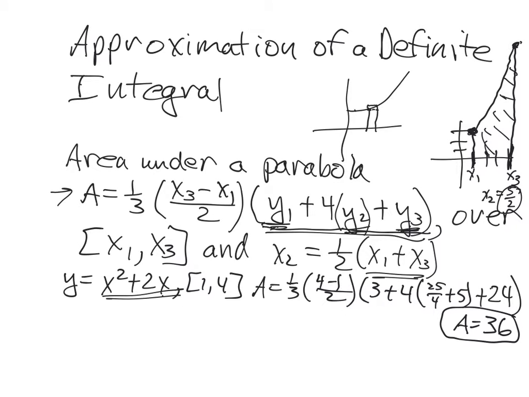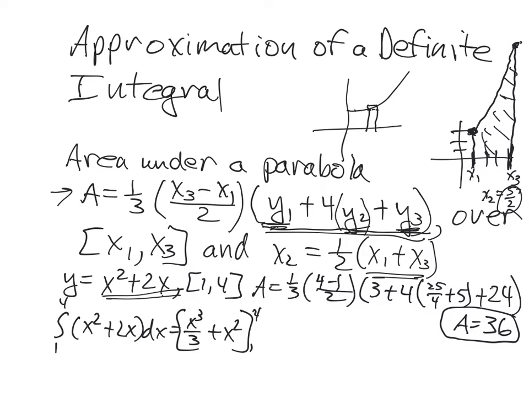Well, we can set it up as an integral, which, no wonder this area formula is not used, because the integral is much easier to work with. We integrate from 1 to 4, x squared plus 2x dx, antiderivative. Evaluate from 1 to 4.